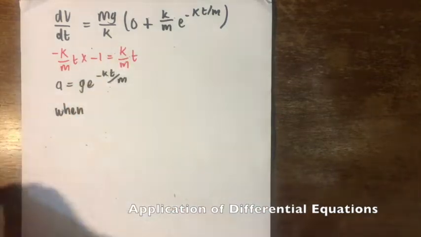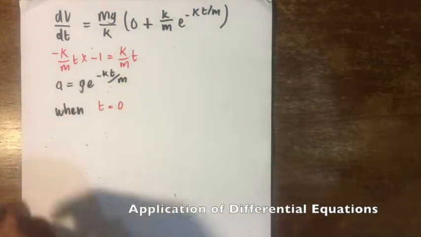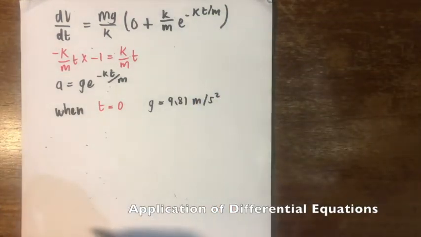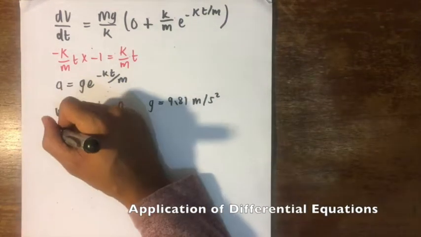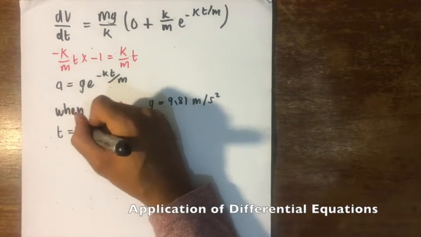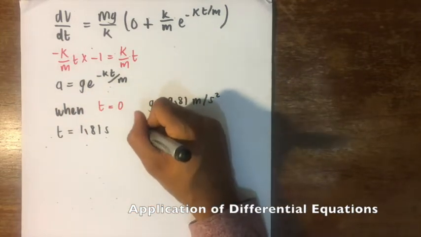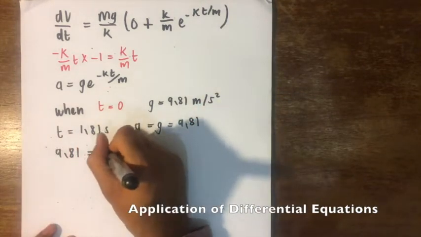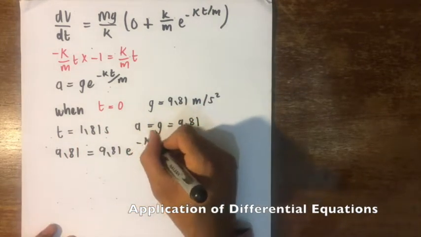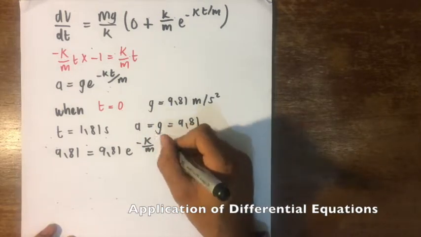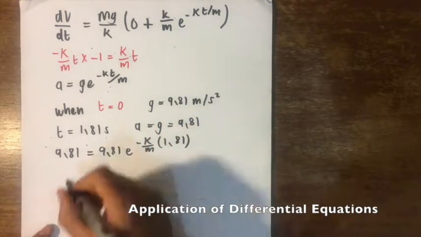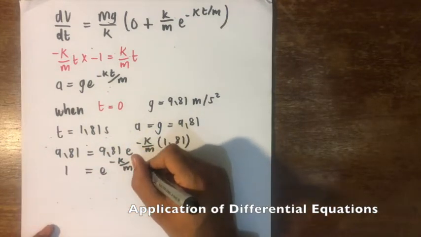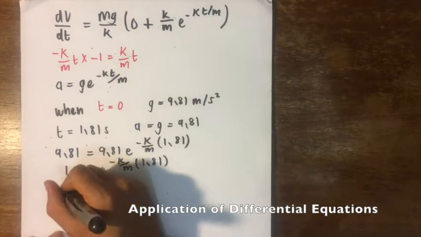Therefore, we get a to be this, when t is equal to 0. And we know that g is the gravitational acceleration, which is 9.81 meters per second squared. And now we insert our actual t value, which was 1.81 seconds. So we substitute what our a is equal to and our g into the above formula. And we are left with 1 is equal to e to the minus k over m times 1.81.